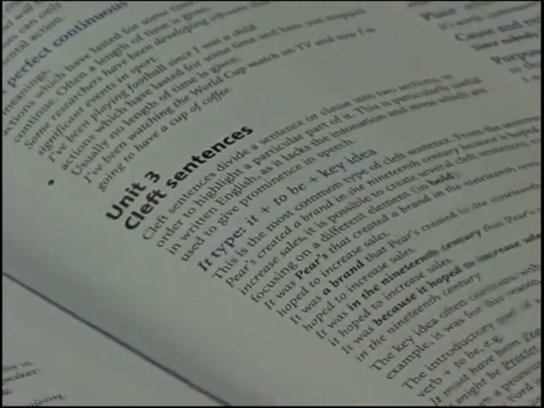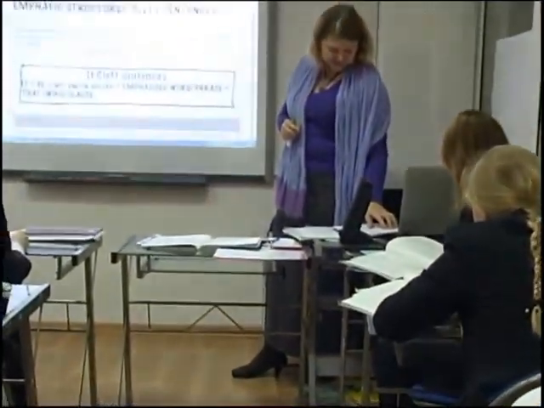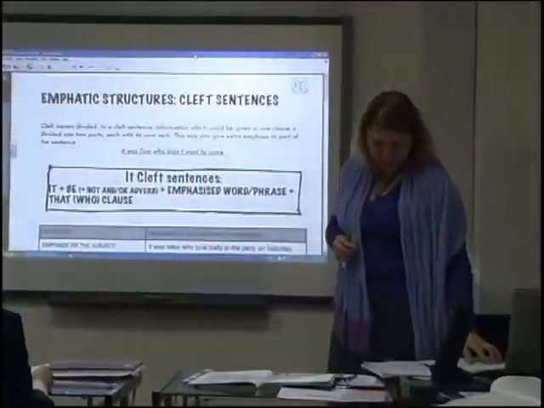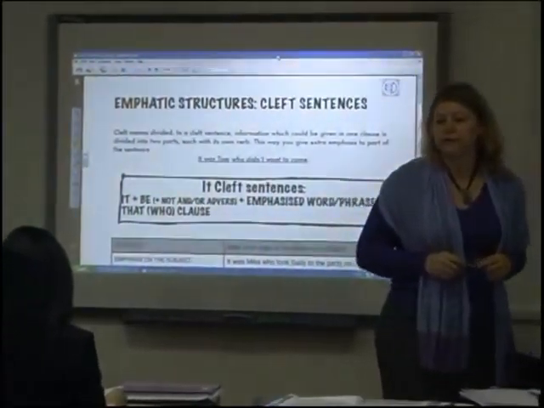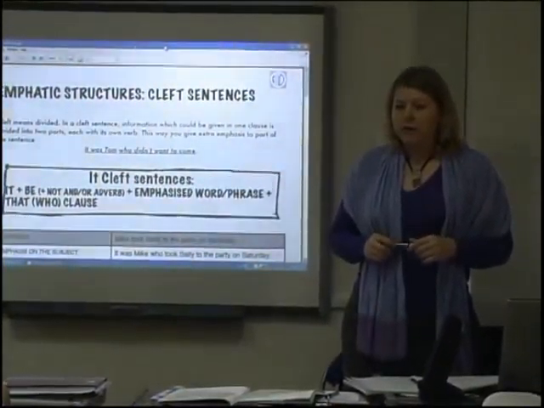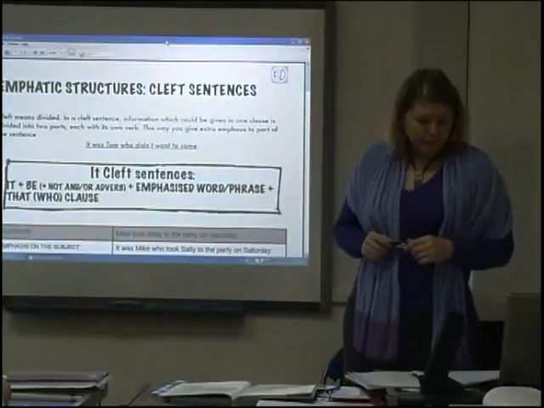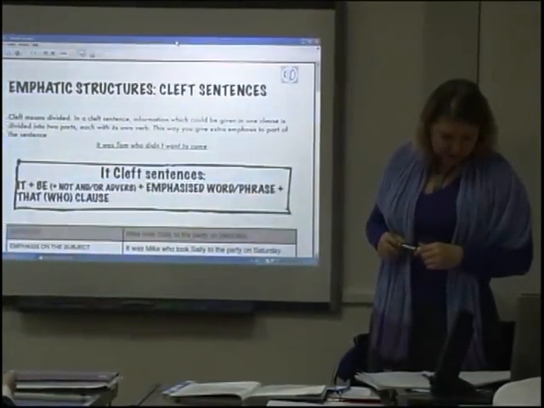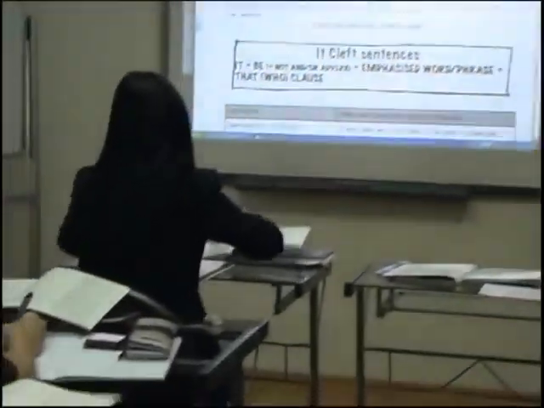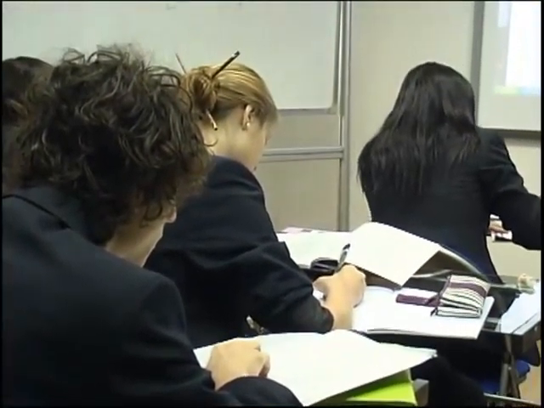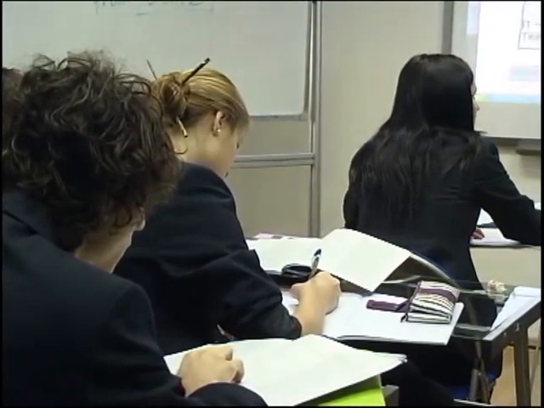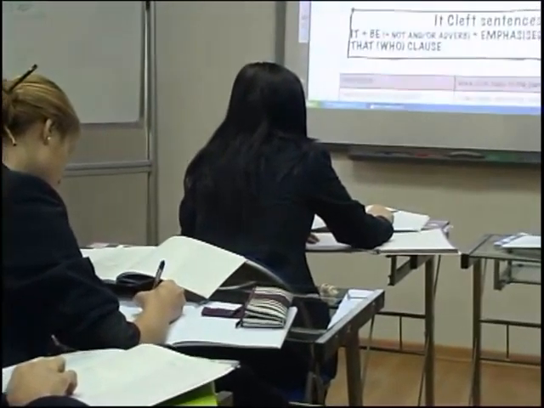So, could you please write down the following sentence? Cleft sentences are used to help us focus on a particular part of the sentence and to emphasize what we want to say. This is the general usage of this grammar aspect. It's not in the book, it's just what I'm saying.